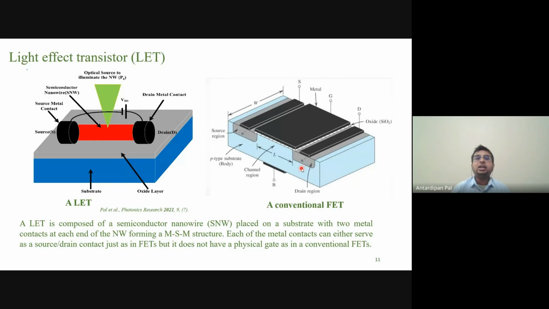The whole thing in a FET depends on how much the electrical signal applied on the gate is coupled to this channel. And how is it coupled? There's a capacitive coupling. We have an oxide here, which has a capacitance Cox, epsilon ox over Tox, as everyone knows. That helps to couple the electronic signal from the gate to the channel.